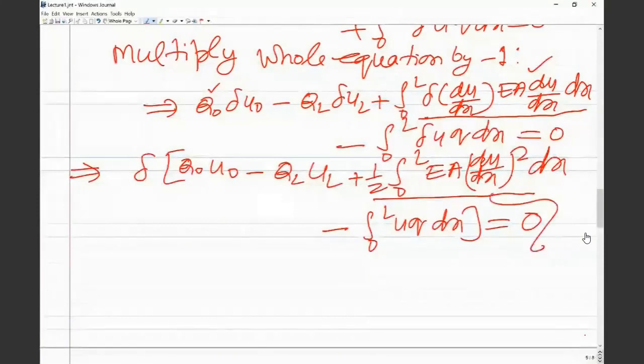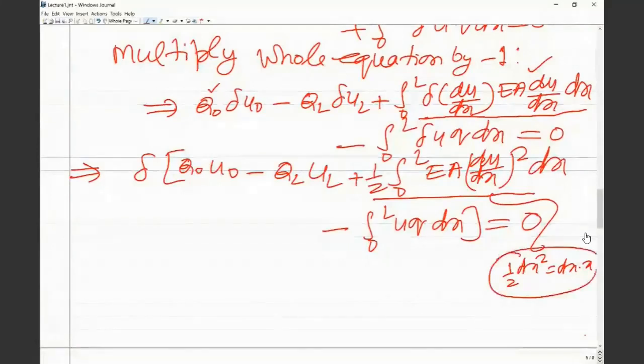This is analogous to half of d of x square, which is dx into x. So dx into x is written as half of d of x square. In the same way, delta of du by dx into A into du by dx is written as half of A du by dx whole square dx.